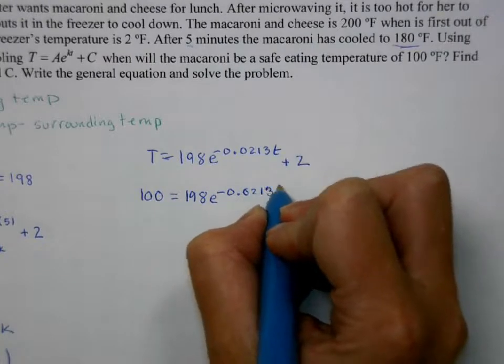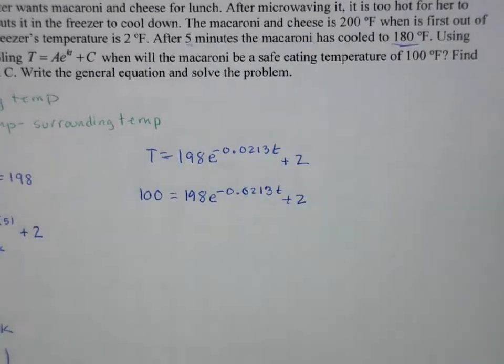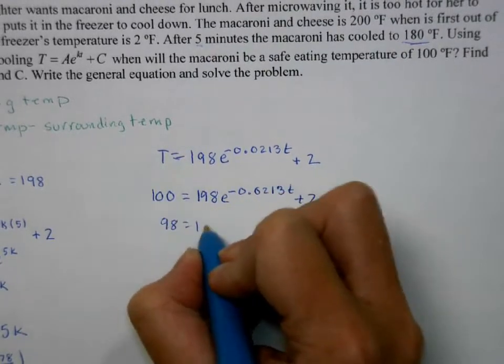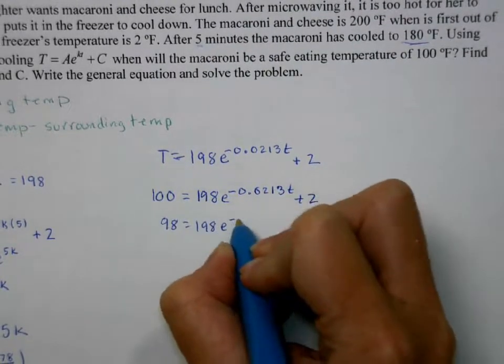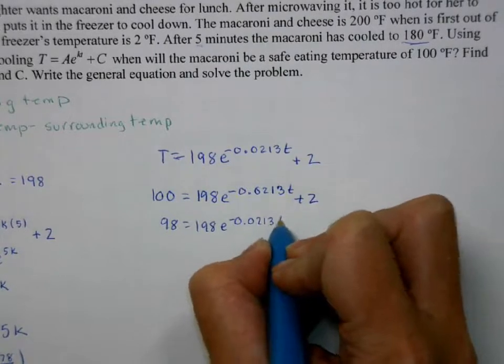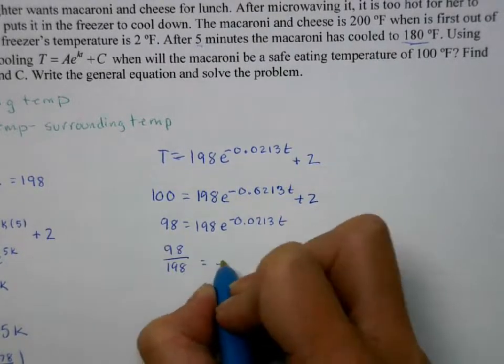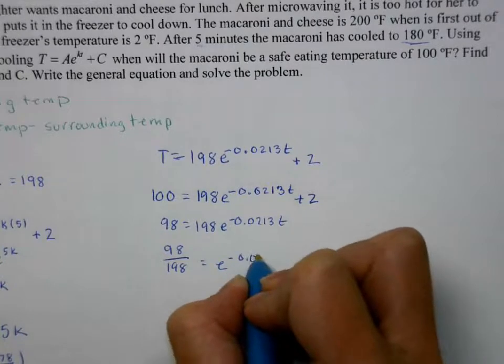Okay, so we'll solve this equation. So 98 equals 198 e to the negative 0.0213 t. Divide. Natural log.